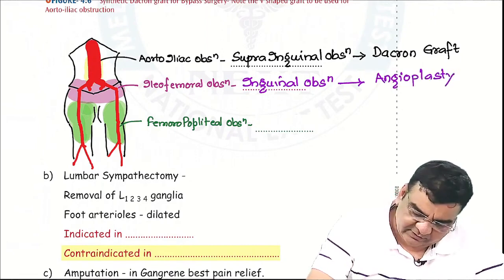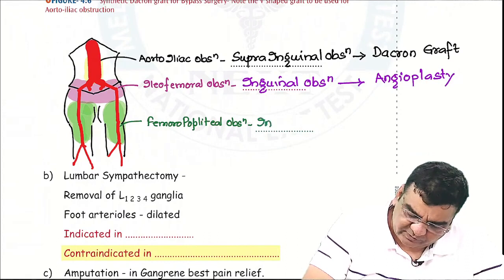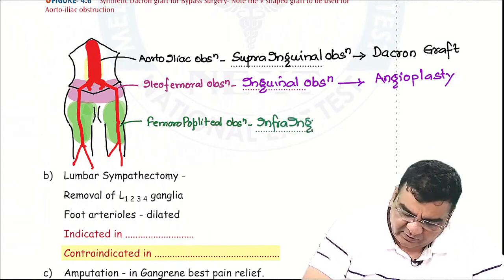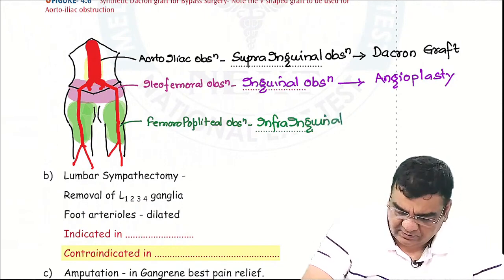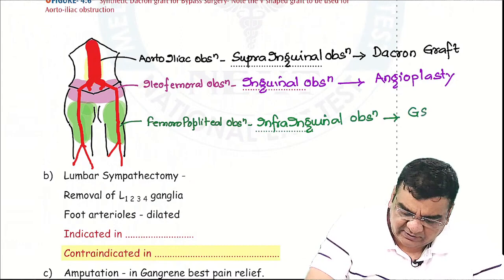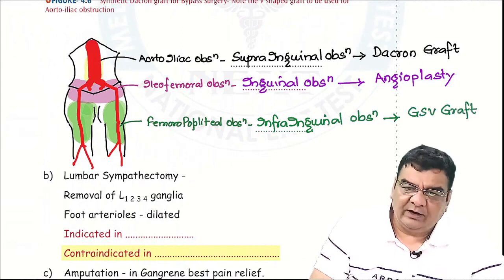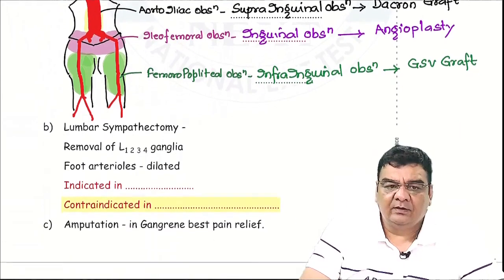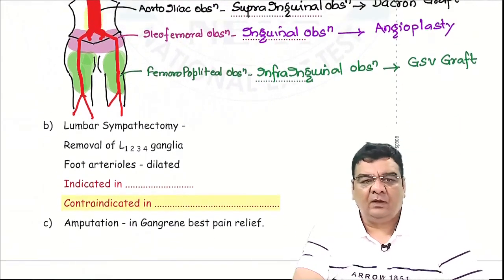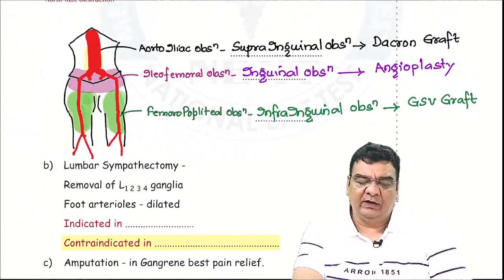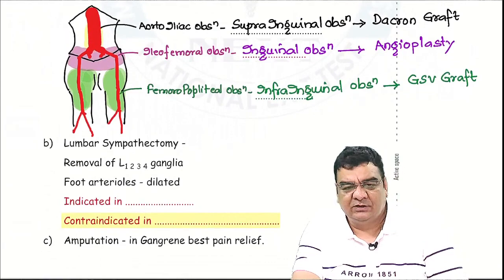And if there is a femoropopliteal obstruction, that is an infrainguinal obstruction, then we use the great saphenous vein graft. Right, beta? So this is how we actually treat arterial obstructions.